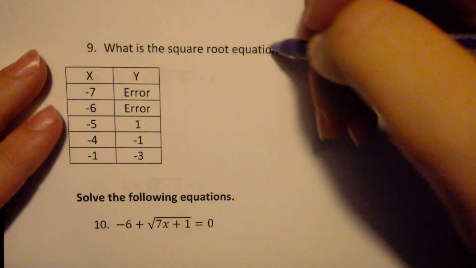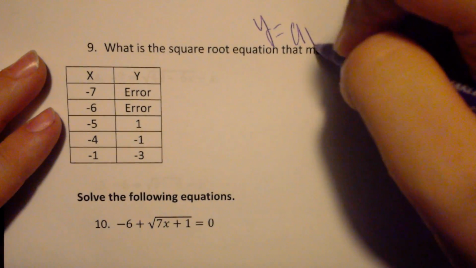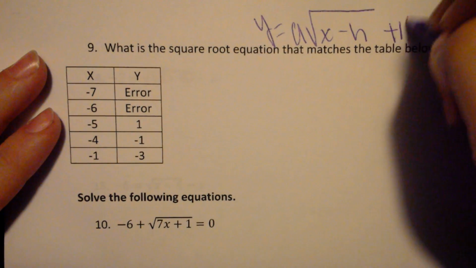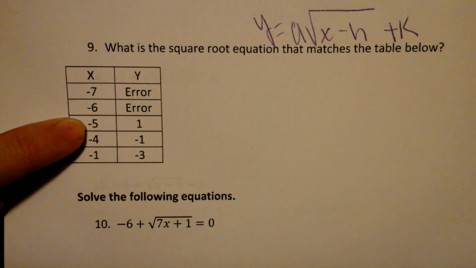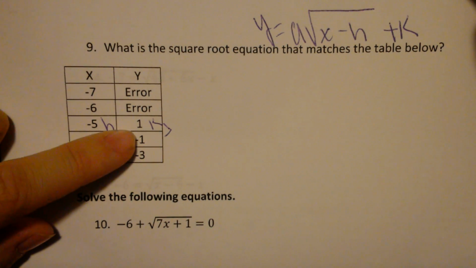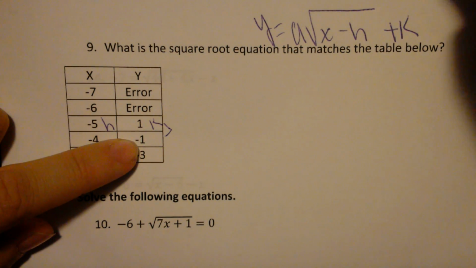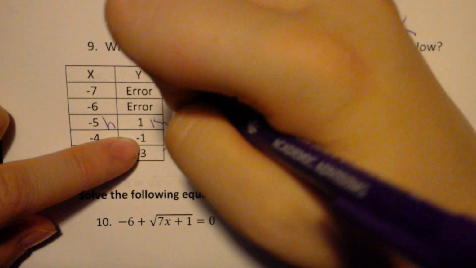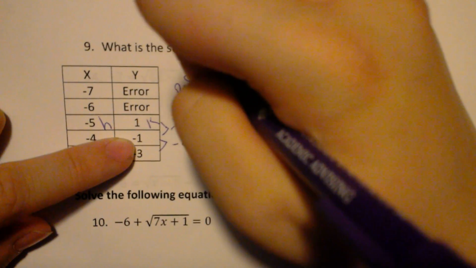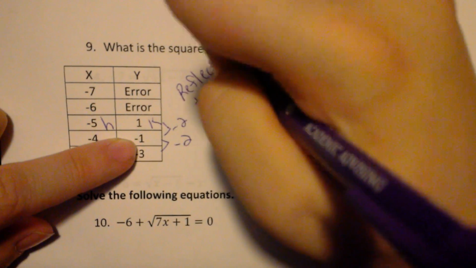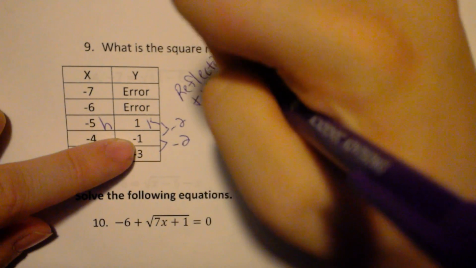Number 9 is the same. I want it in the form y equals a times the square root of x minus h plus k. So here h is -5, k is 1. And the difference in my y values is -2. So I had a reflection and a vertical stretch by 2.